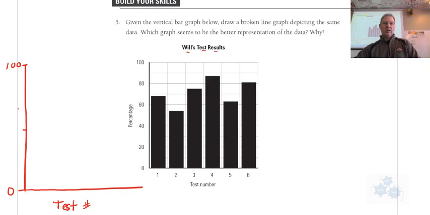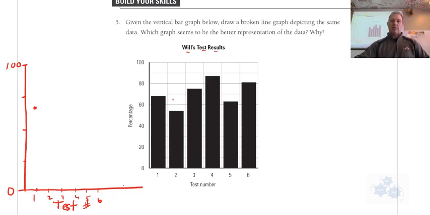So there's 50, there's 75, and so on. The first one looks to be about 68%, so maybe right about here. So test 1 is here, test 2, and so on. Whoops, there's only 6 tests, but there were 8.